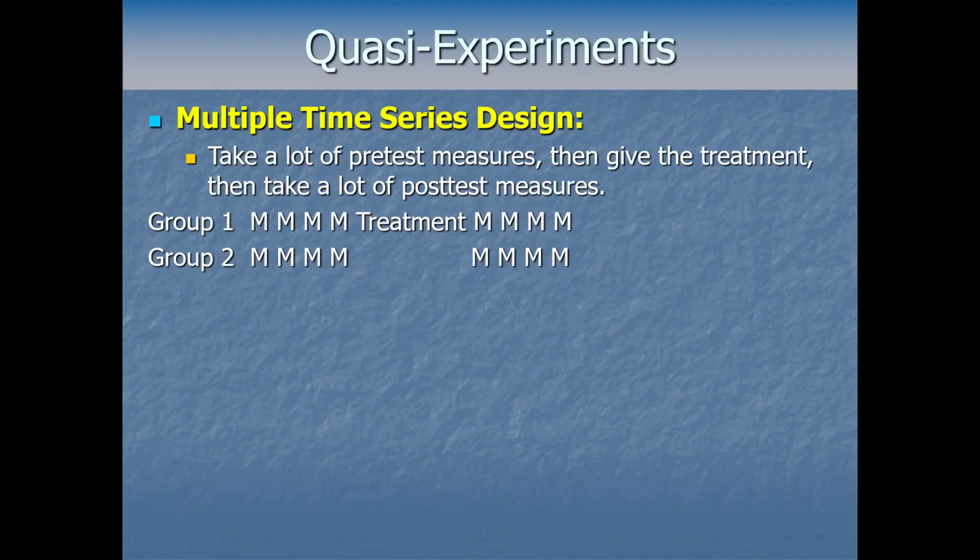Then you introduce the treatment to one group and not the other, and you keep measuring and see if the first group has some change, but also ensure that the second group doesn't have change, right? Because they didn't get treatment. That, if you saw that, would rule out much of the threat of history to internal validity, at least for any outside events that were common to the two groups.